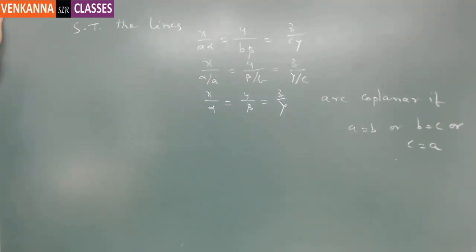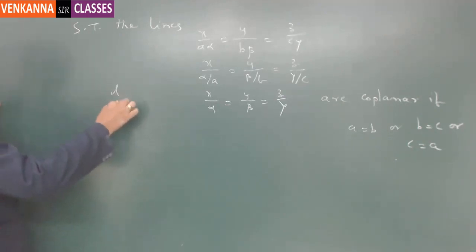So the problem is also very similar. Just like the previous thing, what we did, if you observe, all the three lines pass through the origin because the numerator is 0, 0, 0, the point. Did you get that? Right. And as usual, let us take a line whose DCs are LMN.